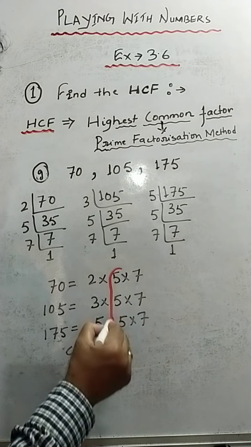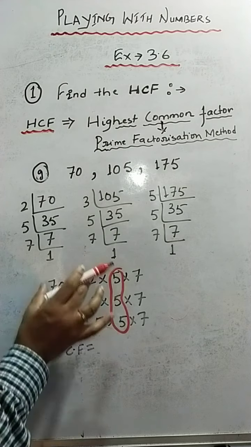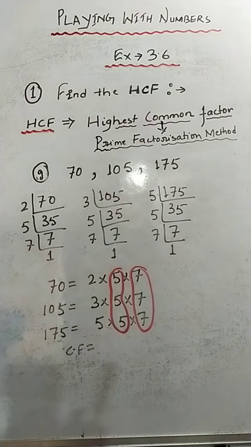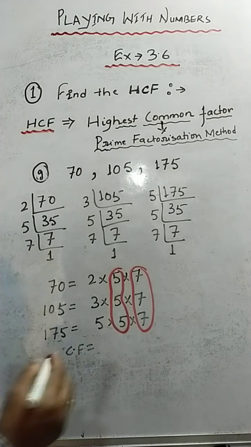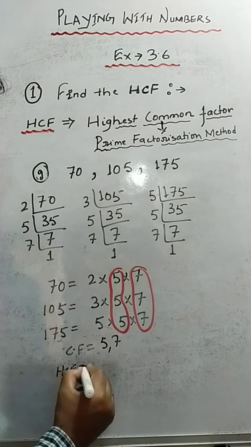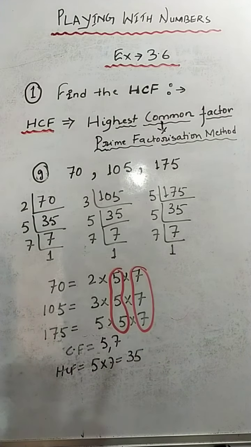It is 5. See, 5 is present in every prime factorization, and 7 is also present there. So these are 2 numbers which are common factors, that is 5 and 7. What is HCF then? HCF would be 5 into 7, that would be 35. So 35 is the required HCF of 70, 105 and 175.